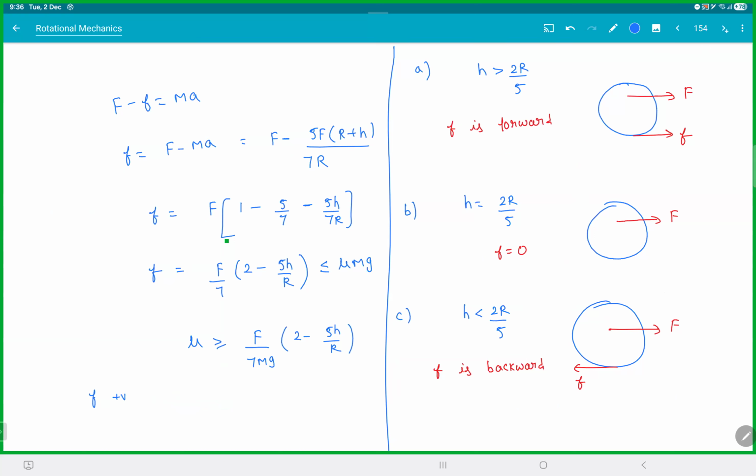F positive indicates our assumption of direction is right. So that will happen when h is greater than 2r by 5. Yeah, that looks good. Clear with this?